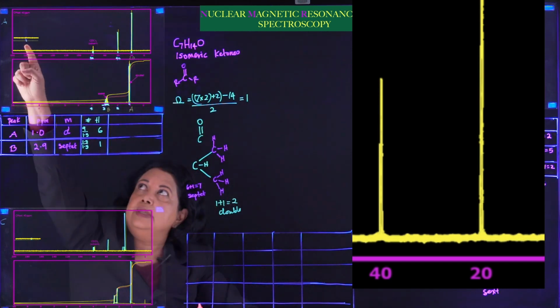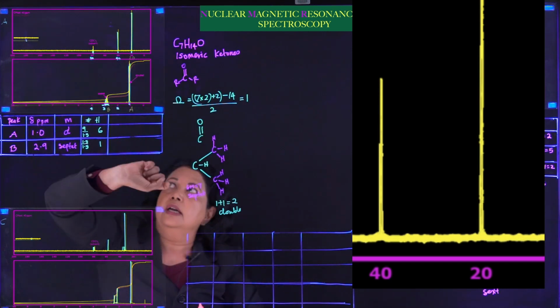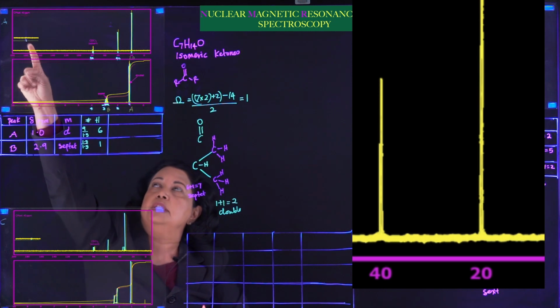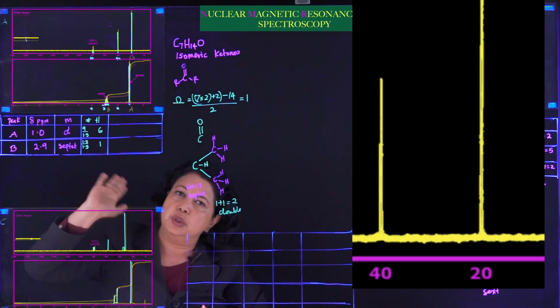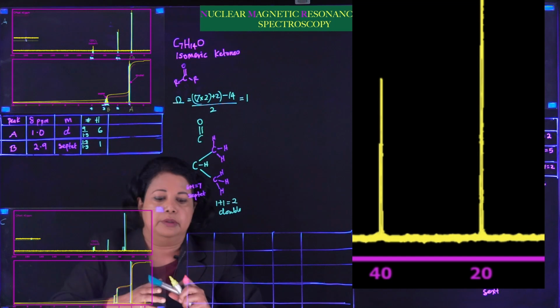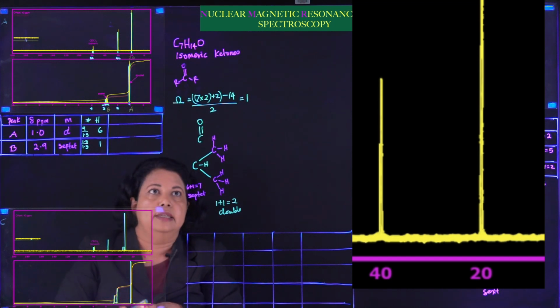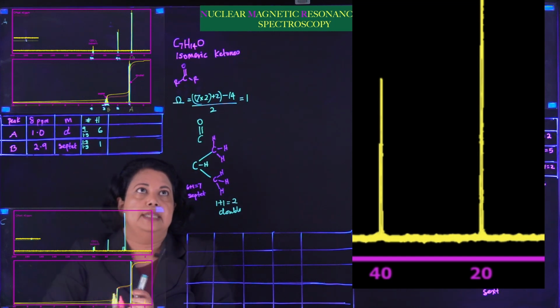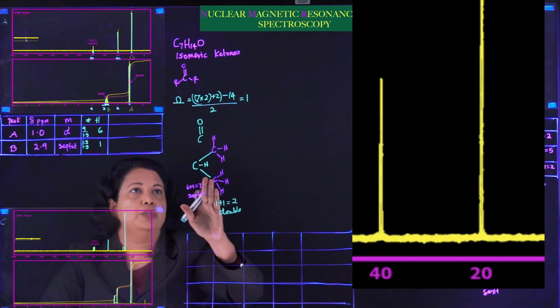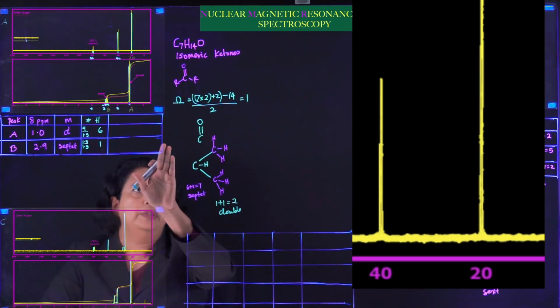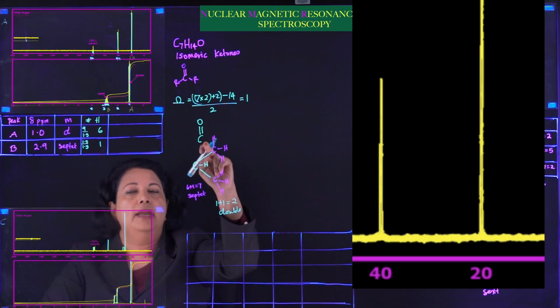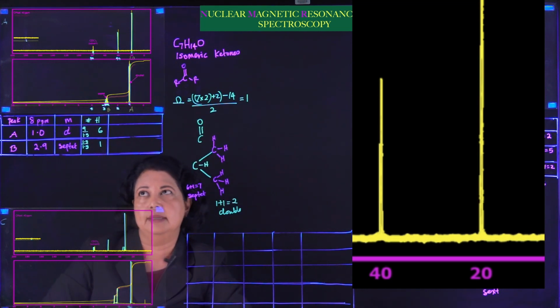And here, that's in a very de-shielded environment, we have 1. And we know when you have about 220, it's typically ketones and aldehydes. So therefore, this is going to be symmetric. So that means you have 2 of these held together by a carbonyl.